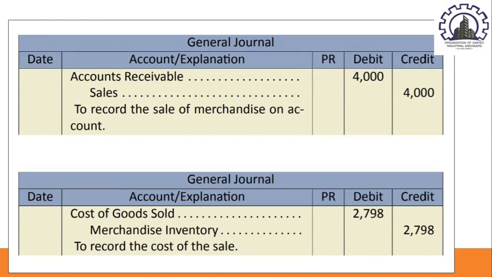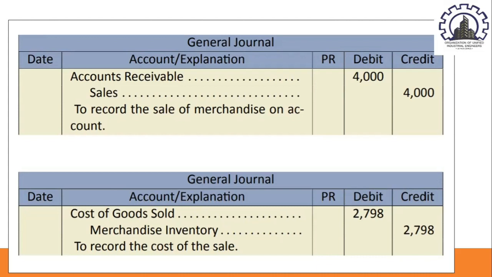So again, like I said earlier, these are the two ways of recording the sale of merchandise inventory. As you can notice, the first entry records the sales revenue, and the second entry is required to reduce the merchandise inventory account and transfer the cost of inventory sold to the cost of goods sold account.